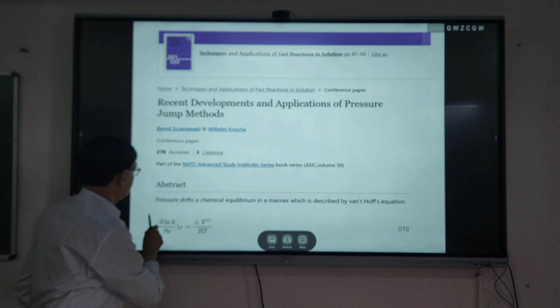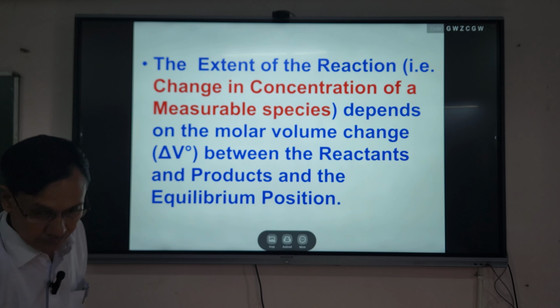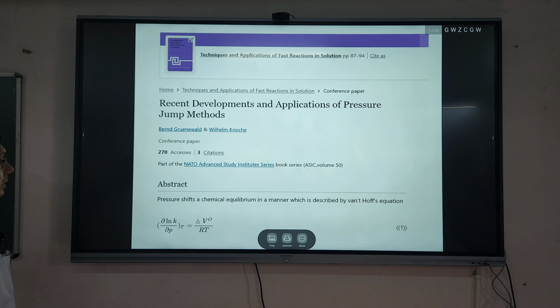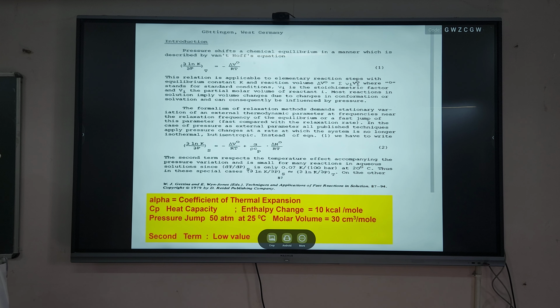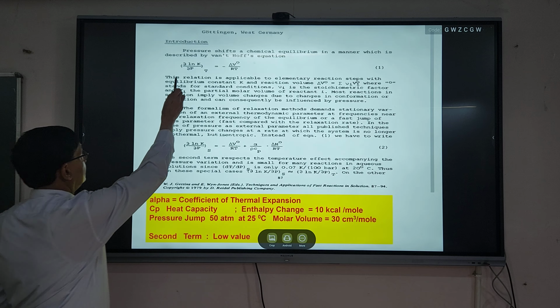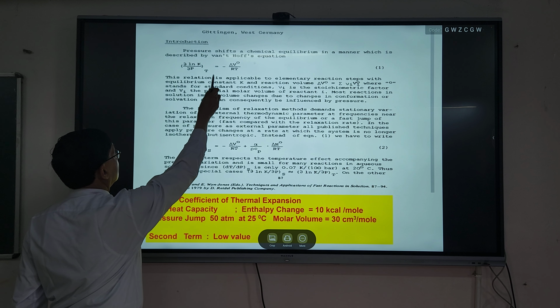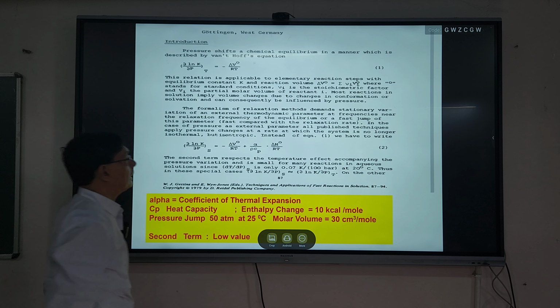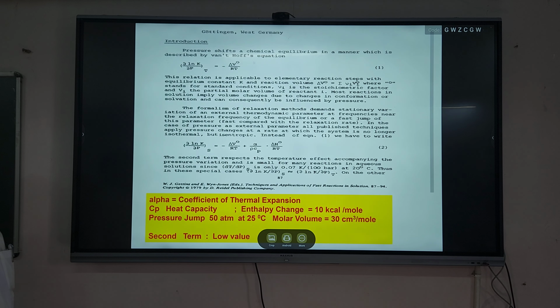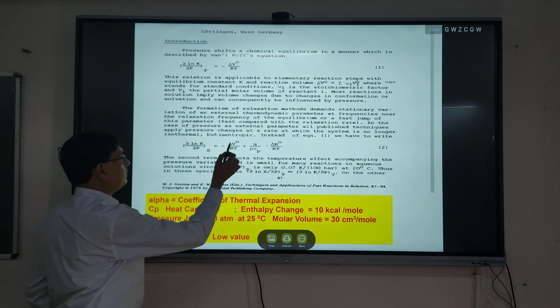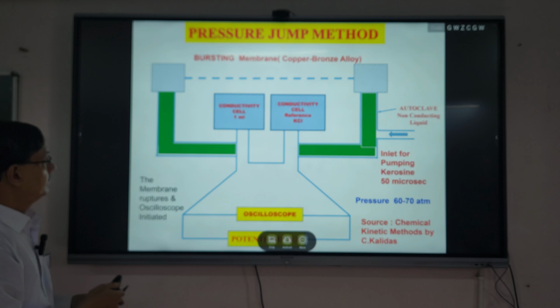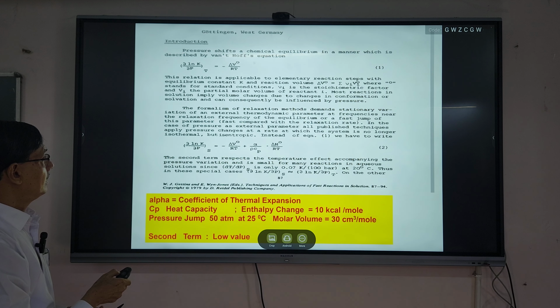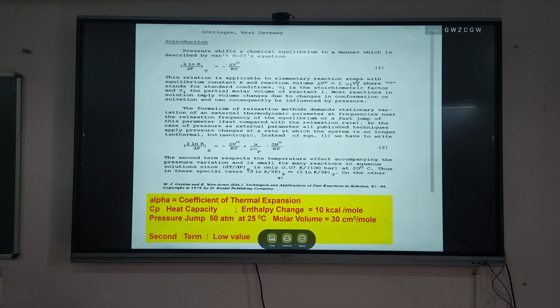So you see here, I'm showing the original research papers. This is that paper, you see here, d ln K by dP of the equilibrium constant. But actually it also depends upon two terms.